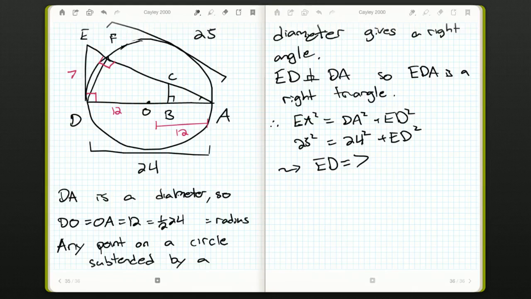Alright, now they share the same angle and they have the same right angle, so these two angles are going to be the same. And we can see that triangle EDA is similar to triangle CBA. Okay.